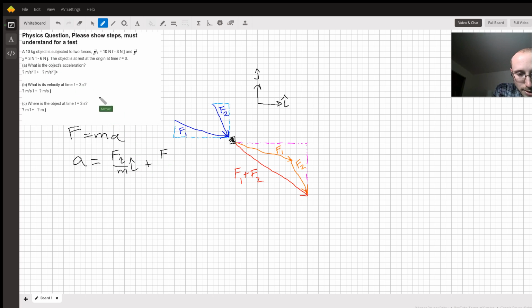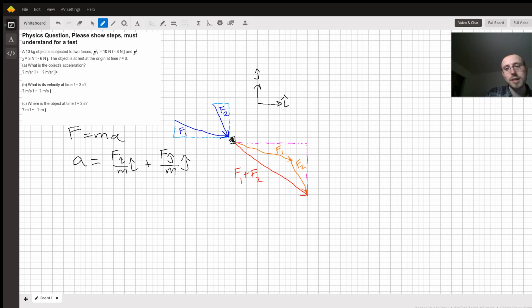And then plus the total force in the j direction divided by the mass, and also indicate that that's in the j direction. Don't add up these two answers, right? Because then you're not writing it in vector format. You have to keep the components separately. It's not correct to add them together.